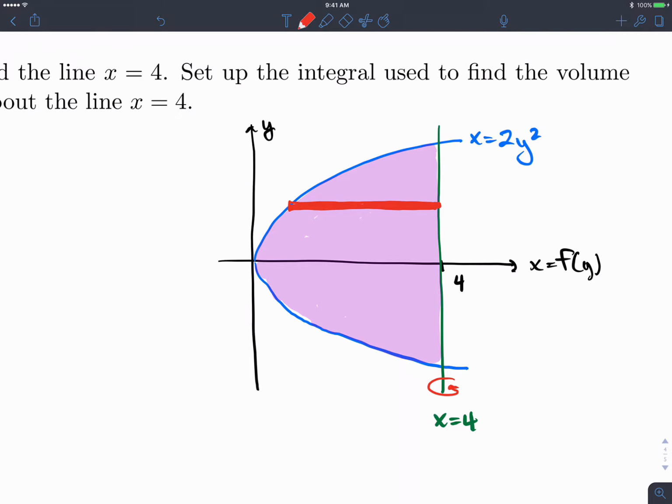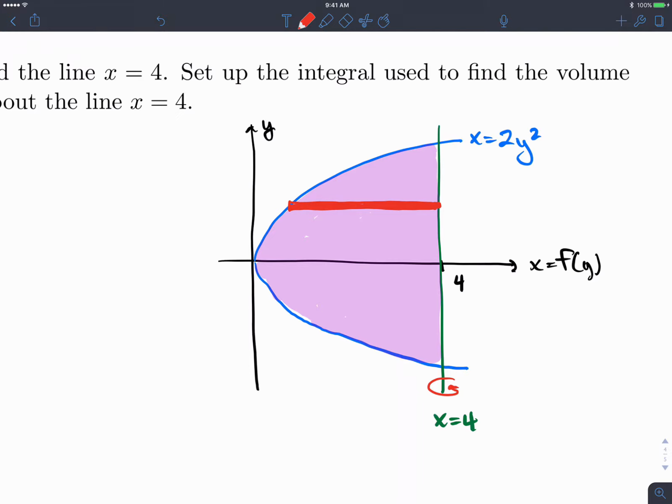Since we know that this distance right here will always be 4, and we know that this distance right here will always be 2y squared, we would need to subtract those two distances to get what's left over. So what we see here is that this outer radius is going to be that full distance 4, and from it we subtract that 2y squared.